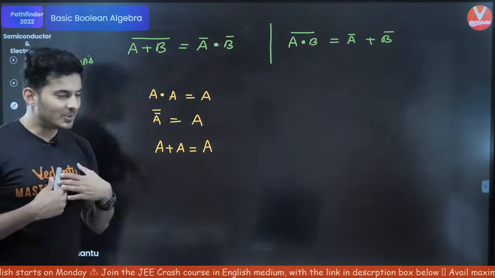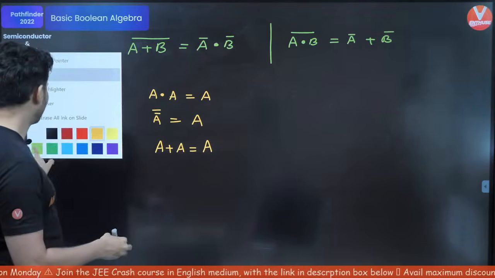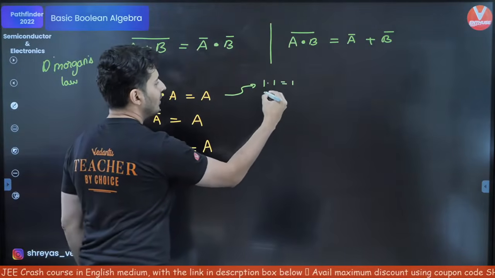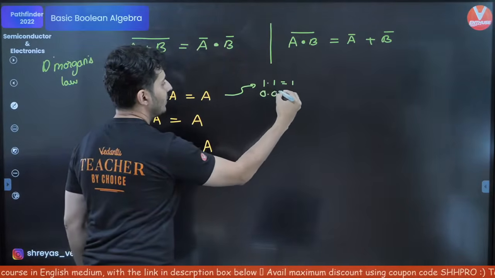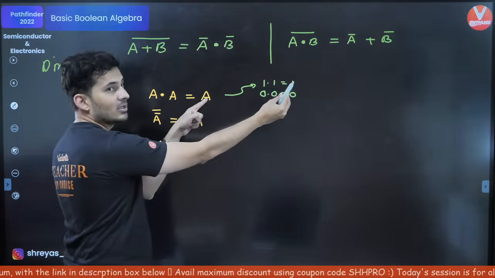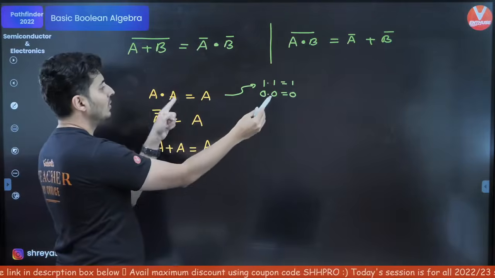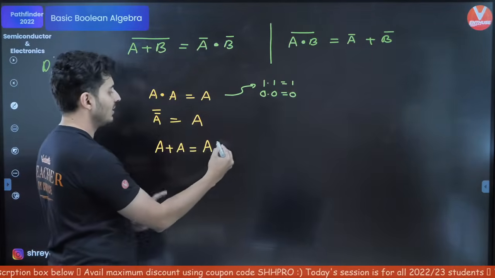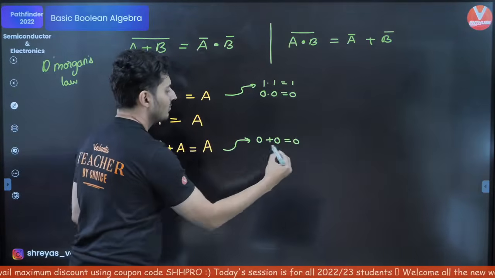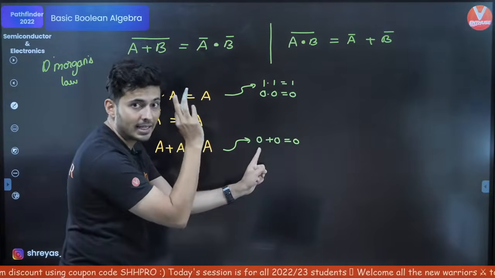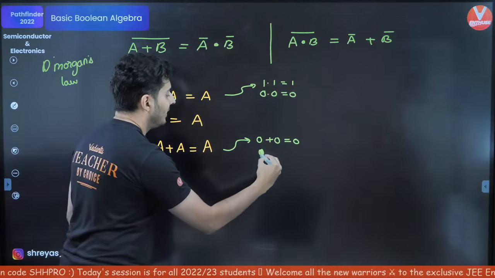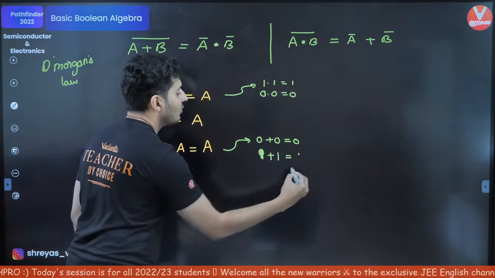Okay? So I can give you some examples over here. Just think about it. For this one, 1 dot 1 is 1, 0 dot 0 is 0. So if A is 1, the output is also 1, which is A. If A is 0, the output is 0, which is also A. For this one, look at this. 0 plus 0 is 0. 0 or 0, read it as or, is 0. 1 plus 1 is 1.